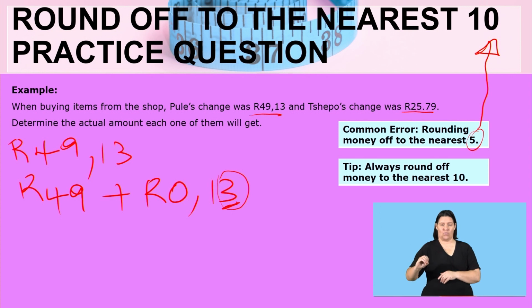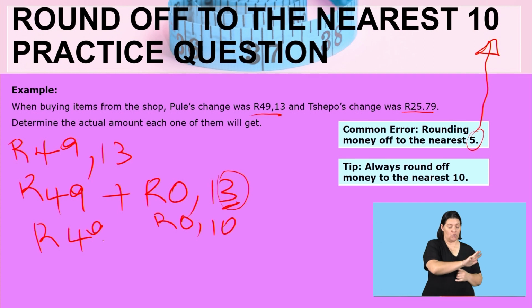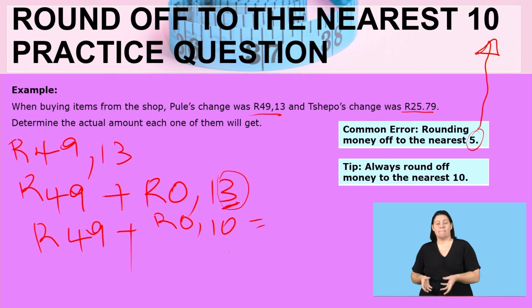And then the answer that we are going to have is 49 rand plus 10 cents. If we eliminate it, it becomes 10 cents. So if we take 49 rand and add it to the 10 cents, what we will get is 49 rand 10 cents.